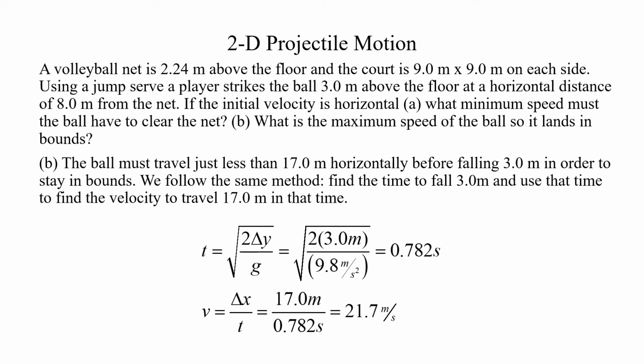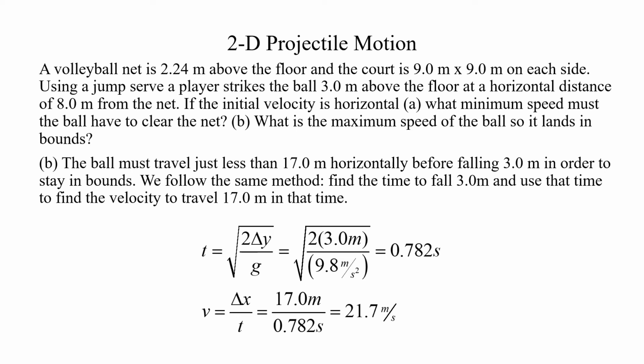So we want to make sure what's the maximum speed it can have so that it doesn't land out of bounds. So we do the same thing. We find the time it takes to fall all the way to the ground, and then find the velocity from distance over time, making sure that the distance is not beyond the boundary.